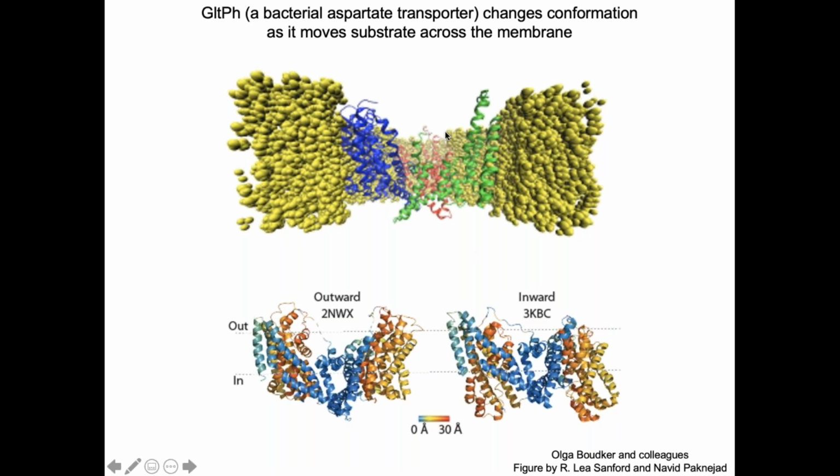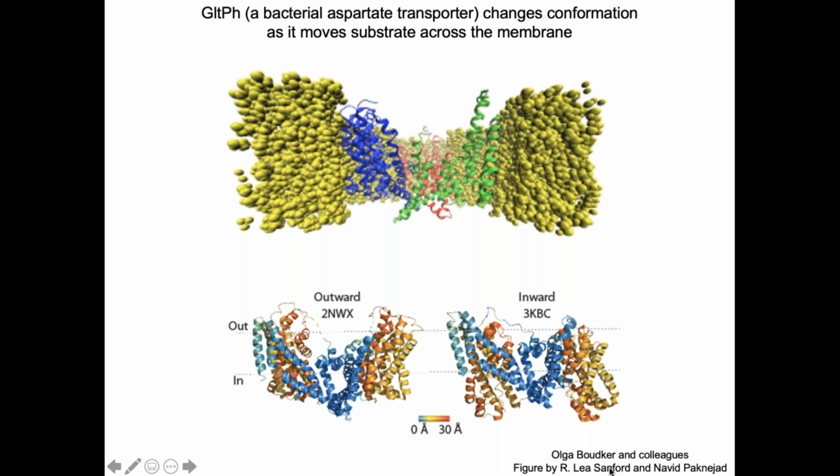This is a structure of an amino acid transporter, GltPh, and it is studied by my colleague at Weill Cornell, Olga Boudker. She and her colleagues have crystallized this in different conformations, where the ligand binding site is facing the extracellular solution or facing the intracellular solution.